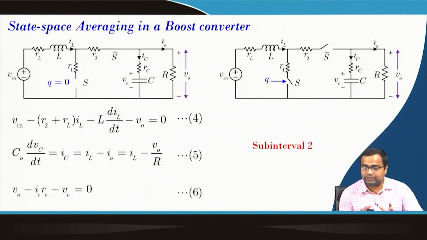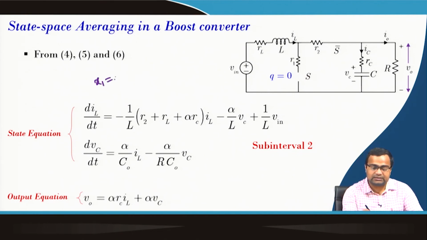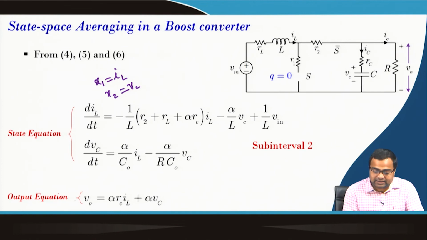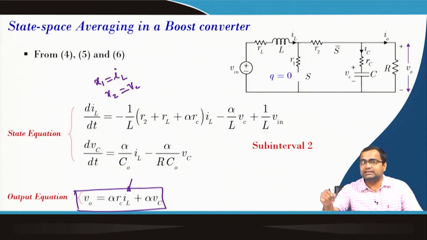But if we take sub interval 2, when the main switch is off and the auxiliary switch is on, that means the complementary switch is on for a synchronous boost converter, again we can write down all the equations and then summarize the state space equation using these state variables. In this equation you will find the output equation is different, because here you have an additional inductor current term, because when the switch is off, the inductor current is connected to the capacitor side.